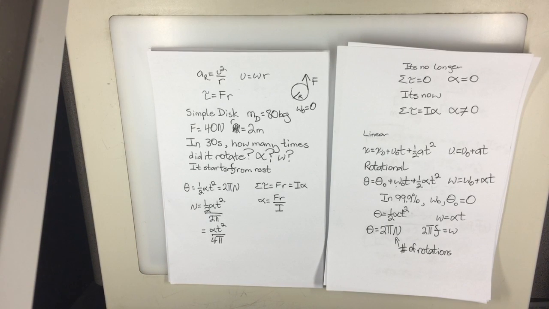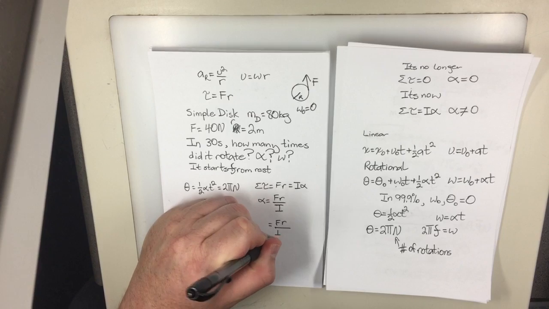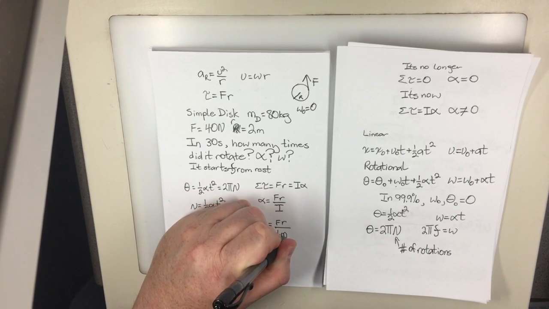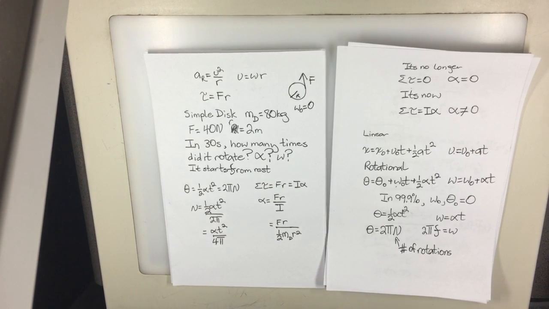Now before I plug in alpha into this, alpha has an unknown. I do know F, I do know R, but I don't know moment of inertia. I was not given that value. However, I know that it is a disk. So this becomes FR over 1/2 mass of the disk, R squared. That's the moment of inertia of a disk rotating about its center point.